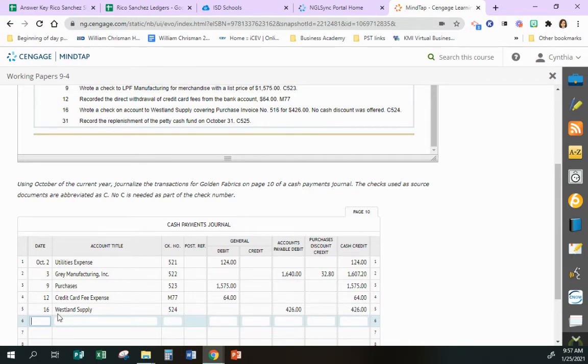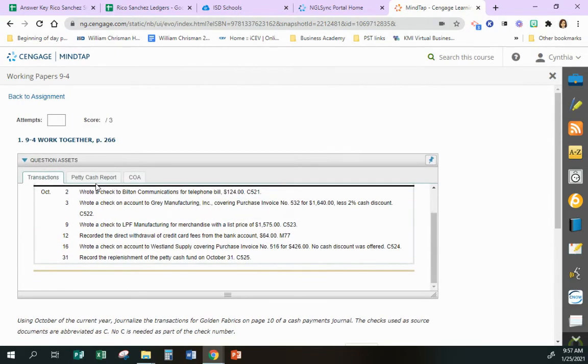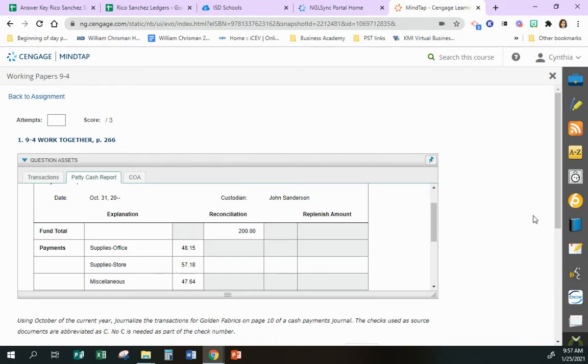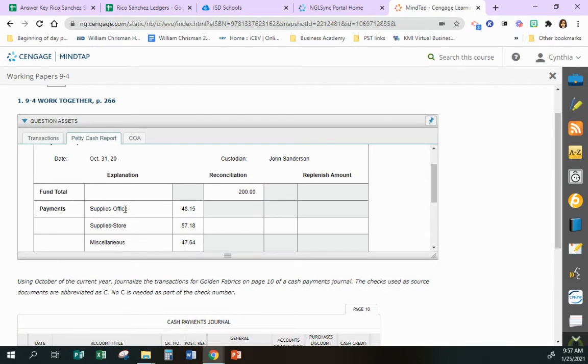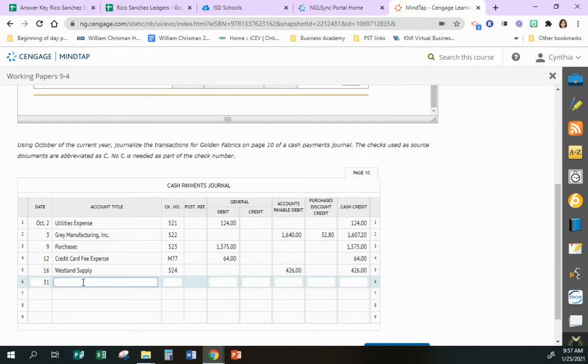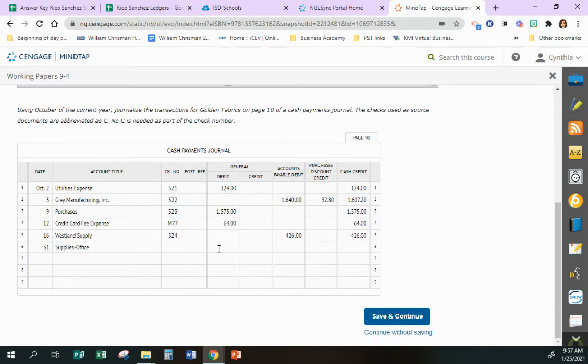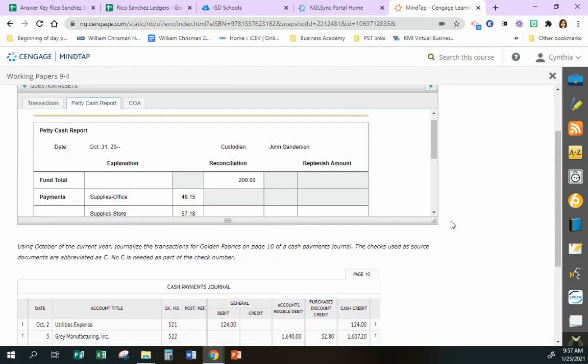Now on the 31st, we're going to replenish petty cash. So just kind of a review of petty cash here. What you have to do for petty cash, you got to look at your petty cash report. And it tells us on here that we have $48.15 to supplies office. So I'm just going to copy that. I'm going to bring it down here. And it was $48.15 debit in the general, because we don't have an account that says supplies office there.